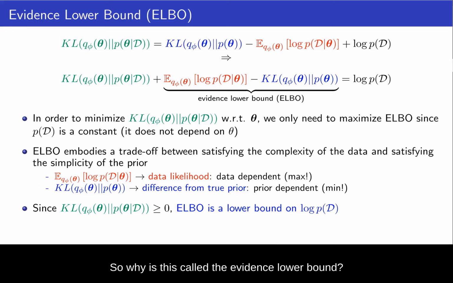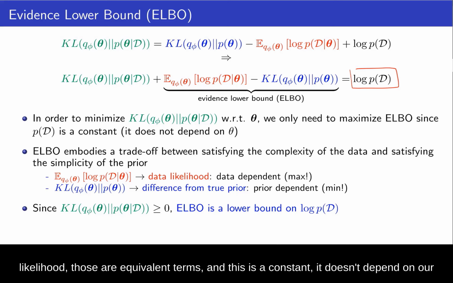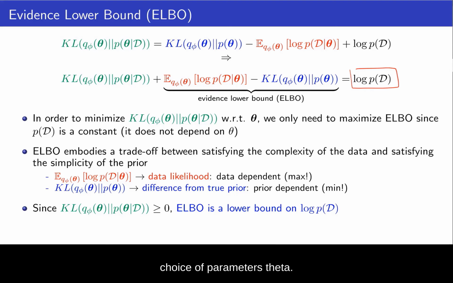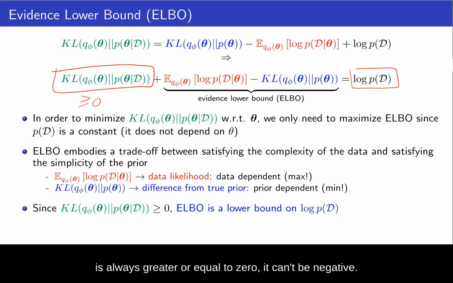So why is this called the evidence lower bound? Well, we know that the term here on the right is the log evidence, the log marginal likelihood. Those are equivalent terms. And this is a constant. It doesn't depend on our choice of parameters theta. And we know that this KL divergence here is greater equal 0, because the KL divergence is always greater equal 0.